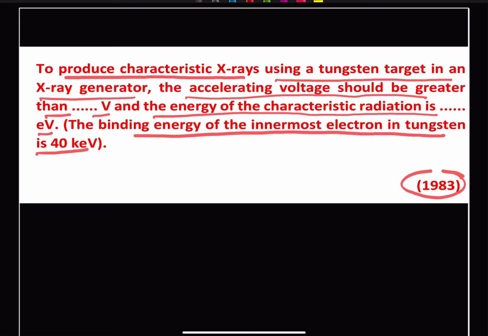So the minimum accelerating voltage should be greater than the binding energy. We are supposed to find out the accelerating voltage greater than.